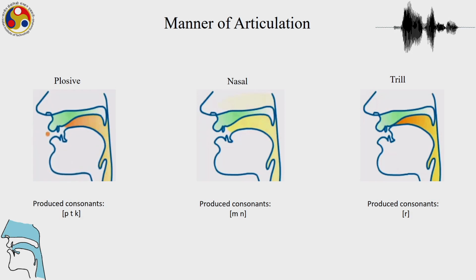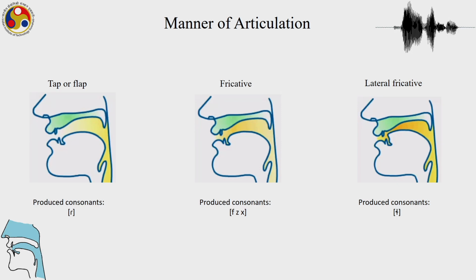Articulatory phonetic stops require complete closure. Nasals also require complete closure, as nasal stops, but then the velum is lowered and air is released through the nose. And then we have a rapid vibrating, beating motion for the production of trills.